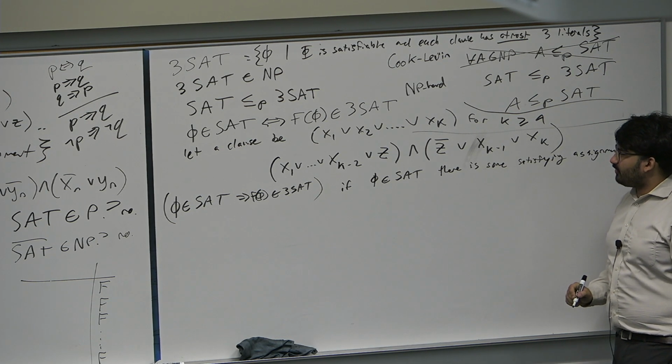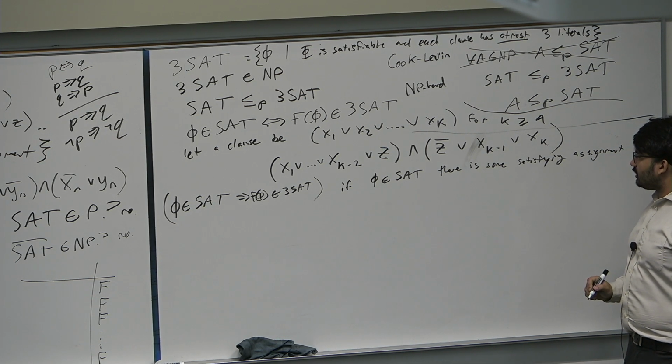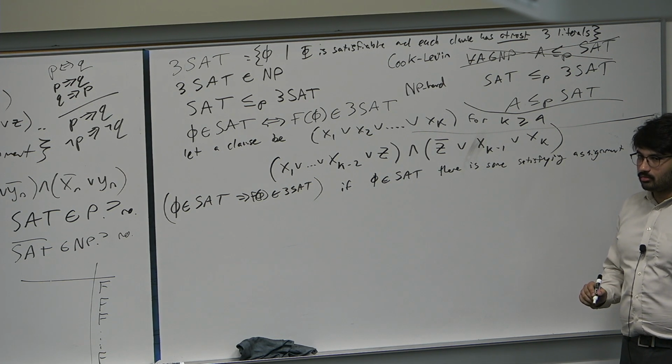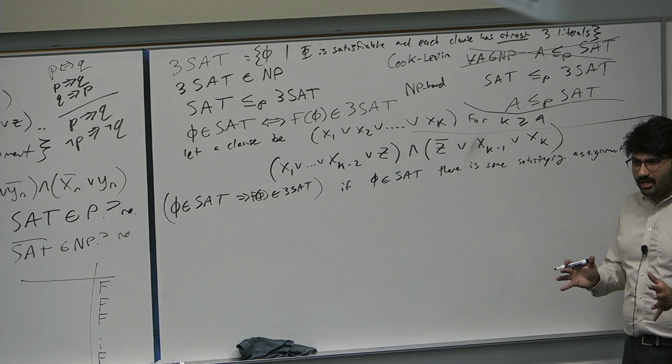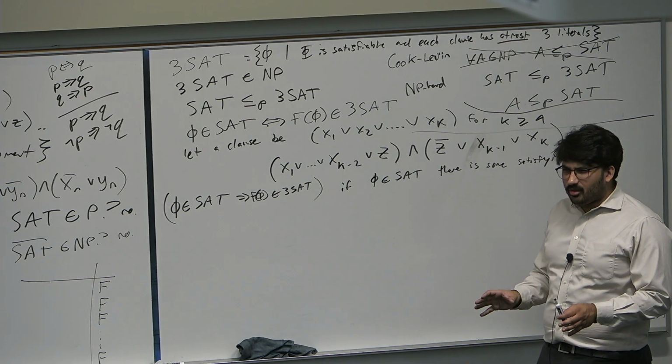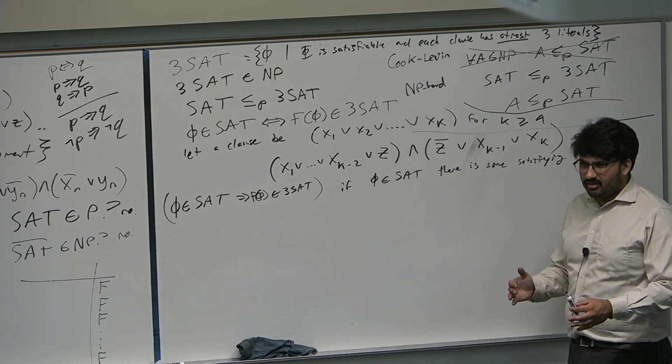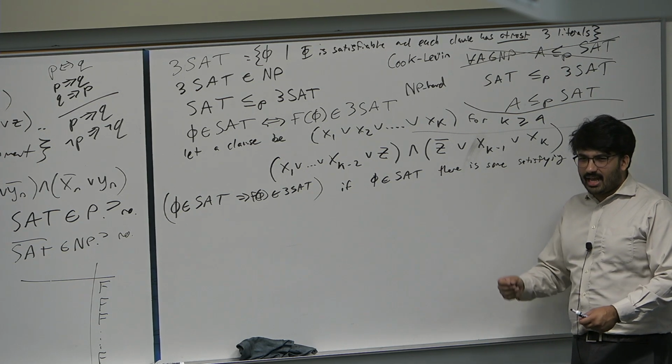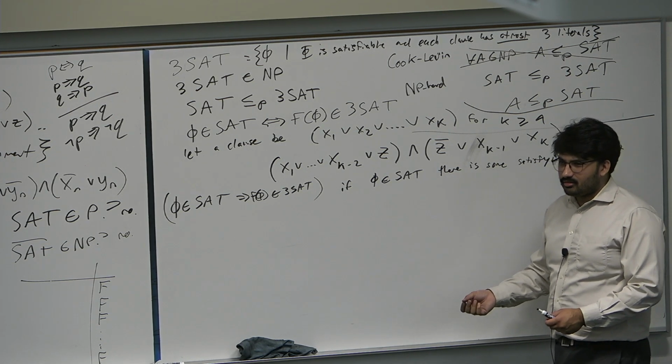Okay, if that's true, what do you know about each clause? It's an and of many clauses, right? So a formula is satisfiable if and only if each clause is satisfied, right? So every clause has to have one light on.